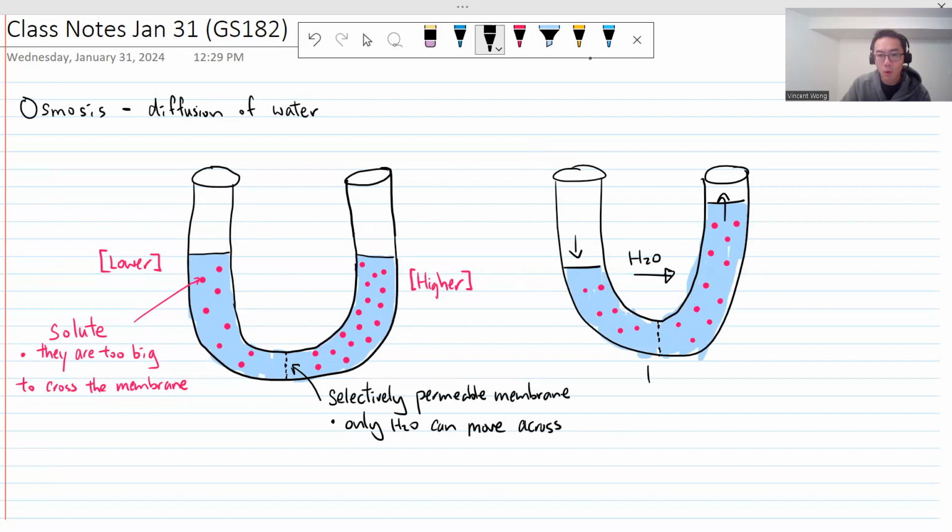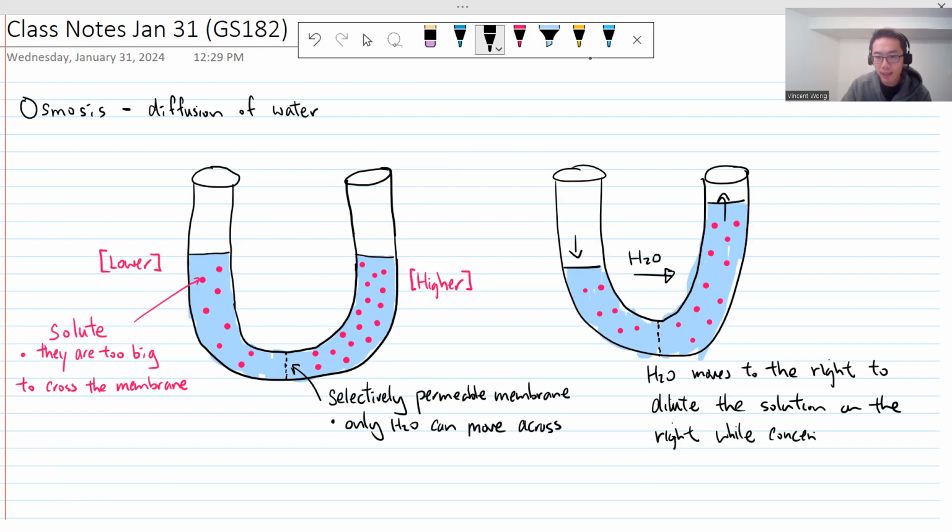Okay? So water moves to the right to dilute the solution on the right, while concentrating the solution on the left.